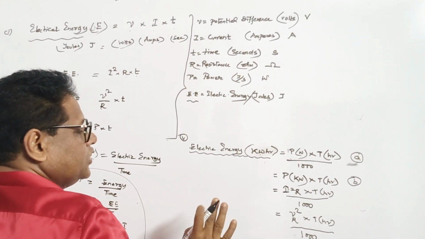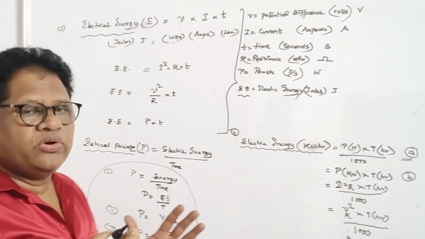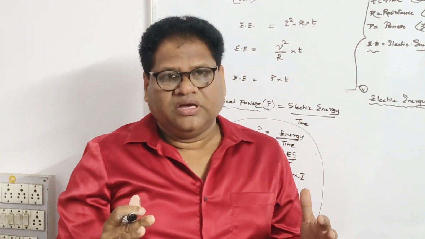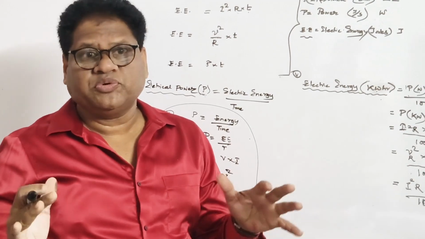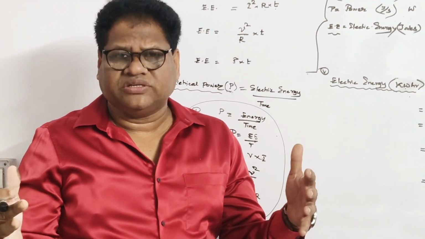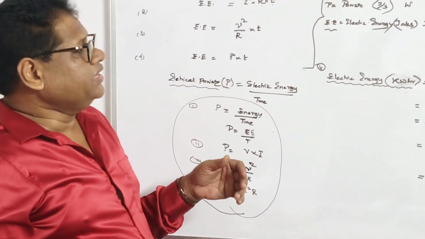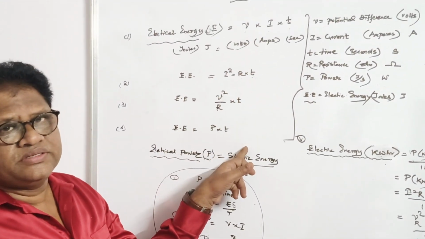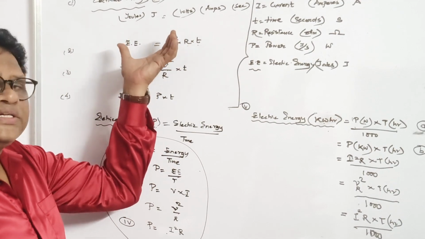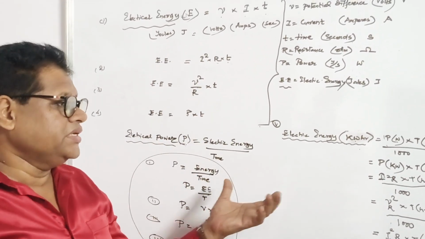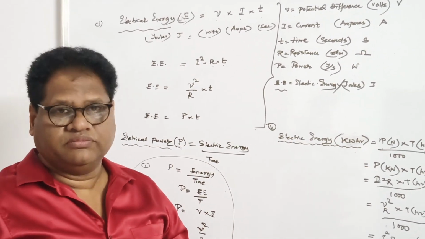So please be sure about whether you are calculating the electric energy in kilowatt hour. Definitely the time has to be in hours. But suppose you want to calculate simple energy in joules, then definitely the time has to be in seconds. So that's the difference between the two. This is the normal electric energy in joules and this is the electric energy in kilowatt hour.